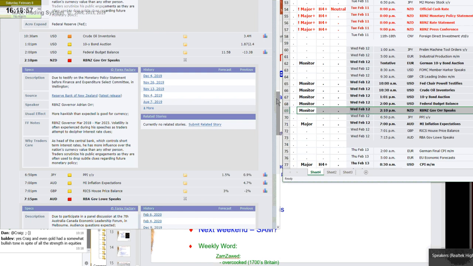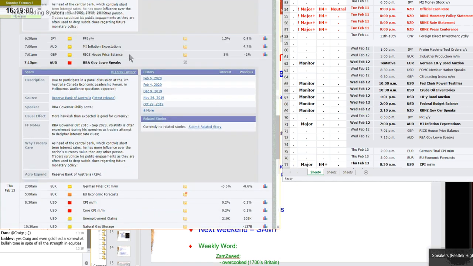Okay, scrolling down. Yeah. I will monitor also the Aussie MI inflation expectations, and to be defined. Where are we? 7 p.m. A few lines lower. Oh, I already have it. Monitor, yeah. Sure. No, major.